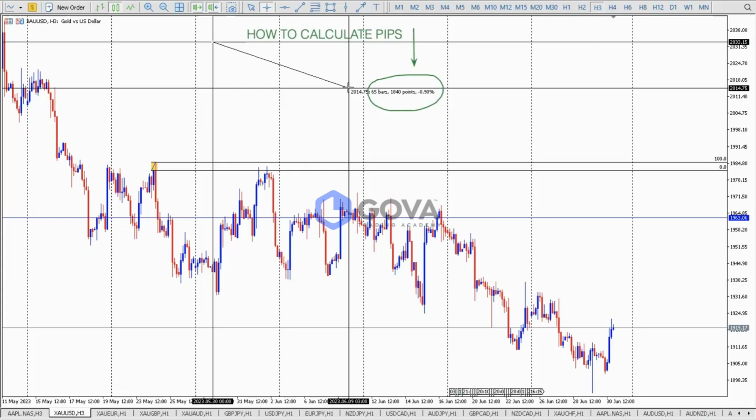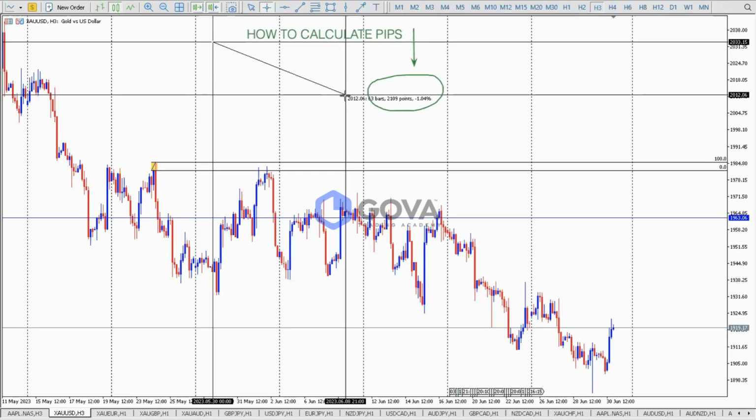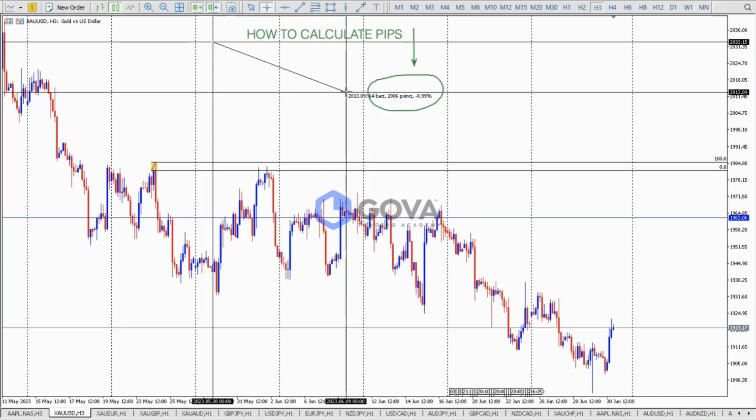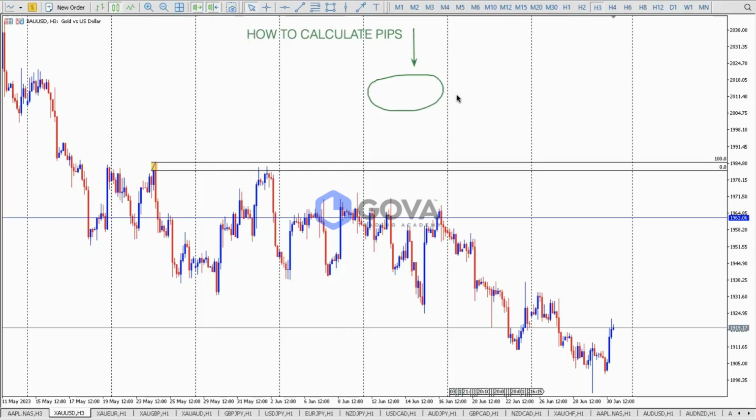So this is going to be 184 pips. So that is how to calculate your pips, guys, okay? You can see here, the last number here is 6. So in pips, this is going to be 200 pips. So I believe by now you guys know how to calculate pips.